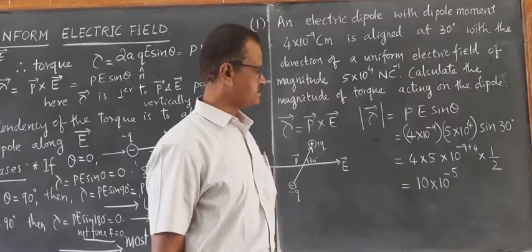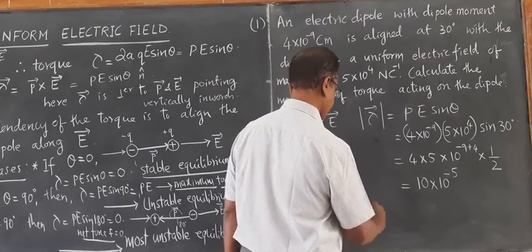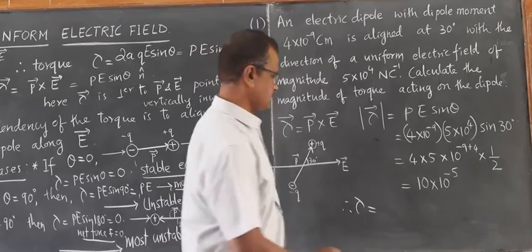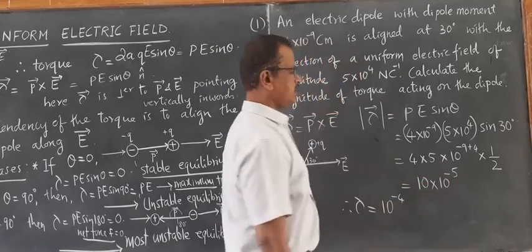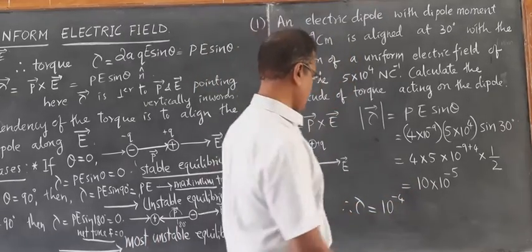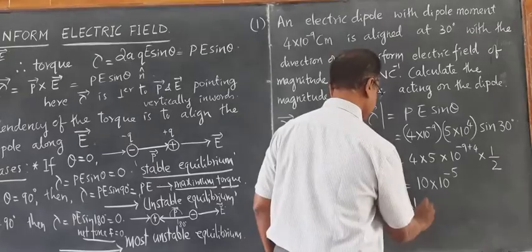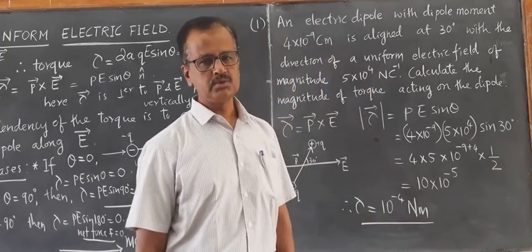Therefore, the magnitude of the torque experienced is 10 multiplied by 10 raised to minus 5, which gives 10 raised to minus 4 Newton meter, or 10 raised to minus 4 joule.